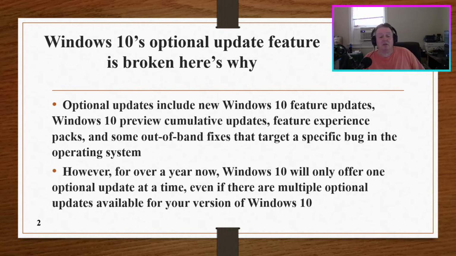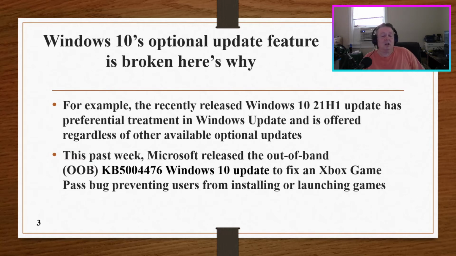However, for over a year now, Windows 10 will only offer one optional update at a time, even if there are multiple optional updates available for your version of Windows 10. For example, the recently released Windows 10 21H1 update has preferential treatment in Windows Update and is offered regardless of other available optional updates.